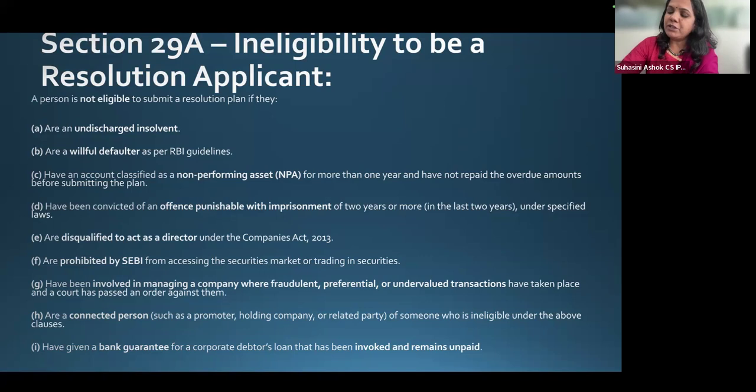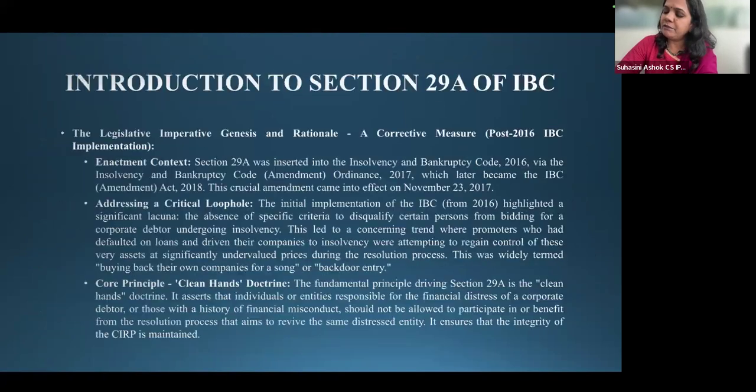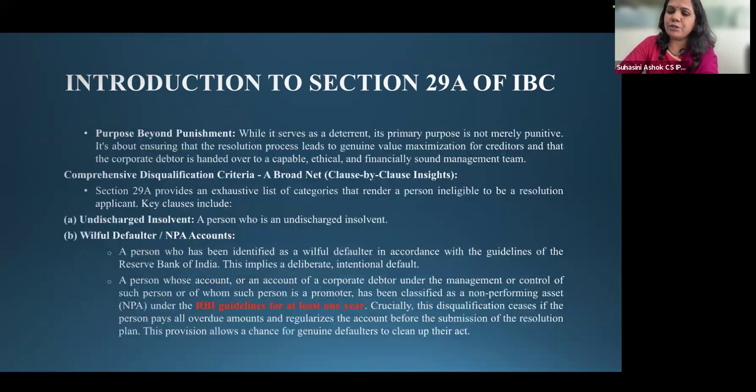Section 29A is a deterrent where punitive measures are imposed, ensuring that the resolution process leads to genuine value maximization for creditors, so that the distressed asset, whatever value is left, is handed over to a capable, ethical, and financially sound management team.